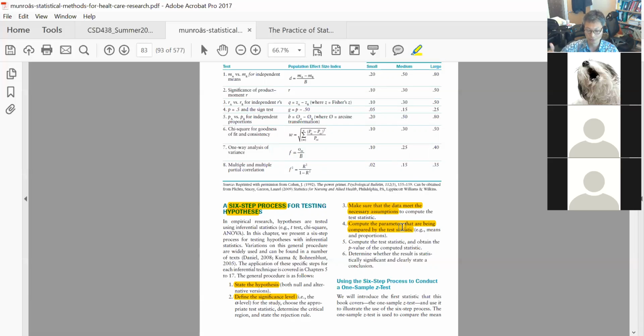We have to show the variance or standard deviation as well, right? Based on that, we compute the test statistic, compare it to the critical value, and calculate the p-value as the fifth step. Then we can determine whether the result is statistically significant or not, and then we can draw the conclusion.